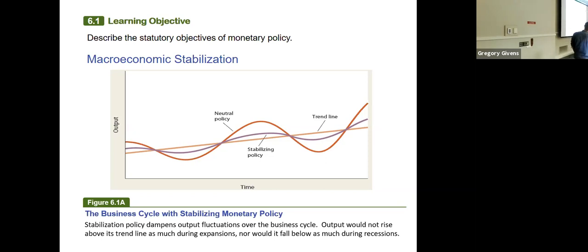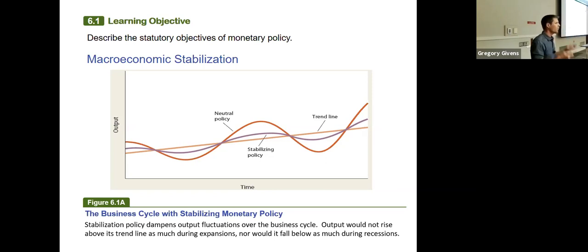You'll see here that under a neutral policy, these periods where output and employment are above the trend line would be an economic expansion, right? The economy is expanding or growing rapidly if we're at that part of the business cycle where output and employment are above the trend, okay? Recessions are, of course, the opposite. These are periods in which output and employment are below the trend line or falling below the trend line, and the economy is in a recession.